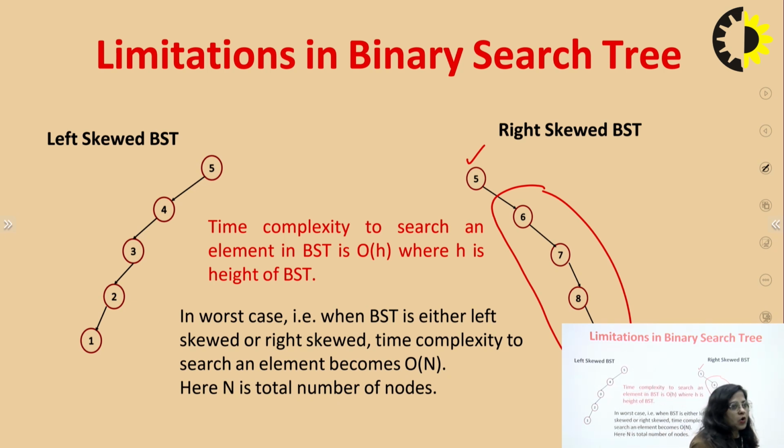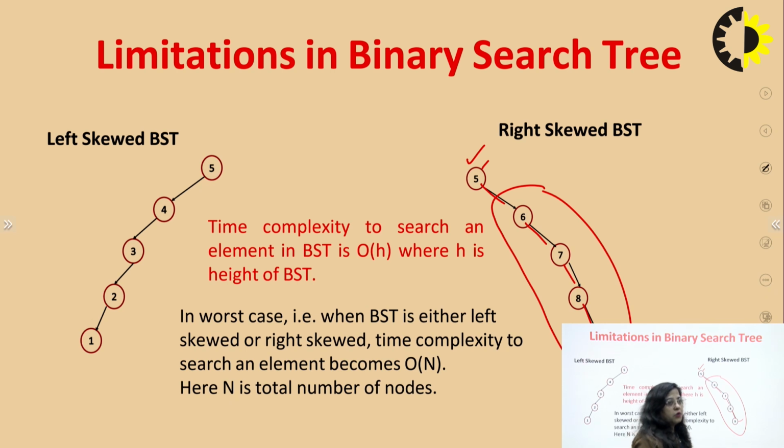But according to this, if you want to search any number from source to destination, like if you want to find 9 in this BST, the order of H complexity increases in this scenario. If you want to search 9, the height from source to destination is 1, 2, 3, 4.